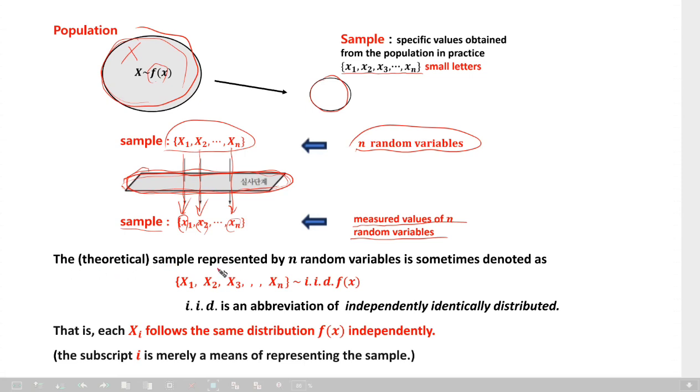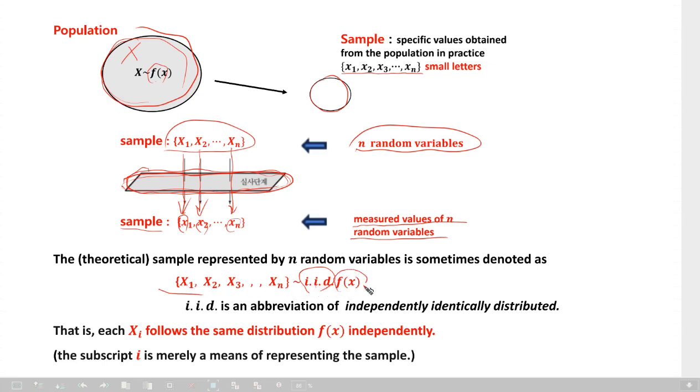This sample represented by n random variables is sometimes denoted this way: X1, X2, Xn tilde IID f of x. IID is the abbreviation for independently, identically distributed. Independently, you know, independently: the sample values are independent. And identically, what?